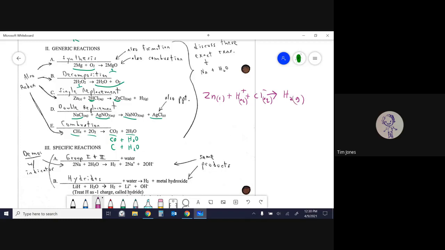And the zinc is going to be losing electrons. So the zinc is becoming that. And the chloride is doing nothing. So really, it's not so much a single replacement reaction. Nothing's really being replaced.